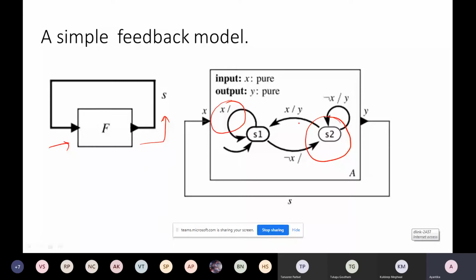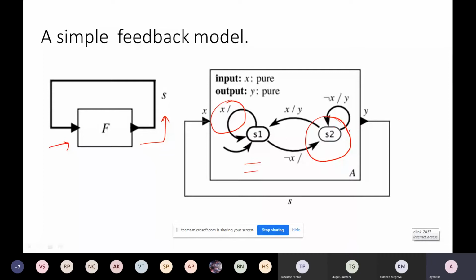What does it mean? Whenever you are in state 1 and you have this input X, the system will remain in this input handling state. After that, maybe there will be different intermediate processes. Here we have ignored those states.